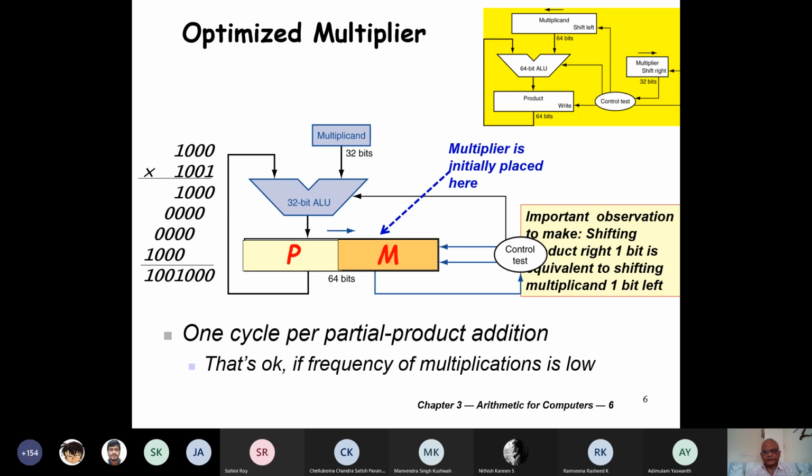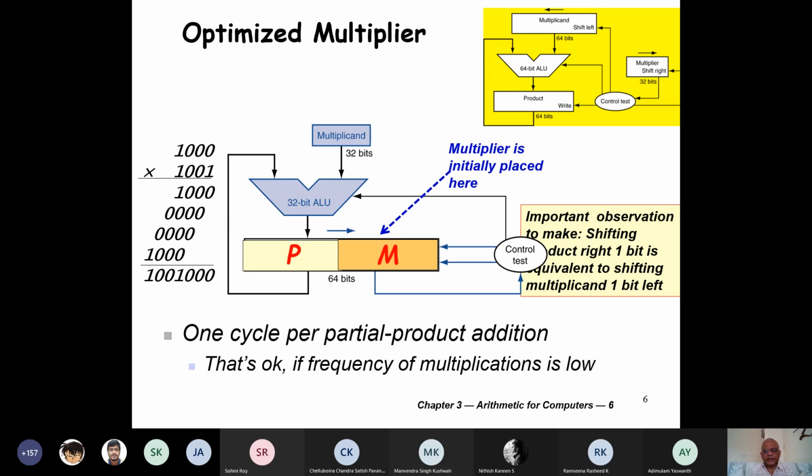If we look at this, if we keep the multiplicand at the same place, but shift the product one bit each time to the right, we will get the same result. That's the important observation we'll have to make. And if we make that observation, then the optimized multiplier is straightforward.